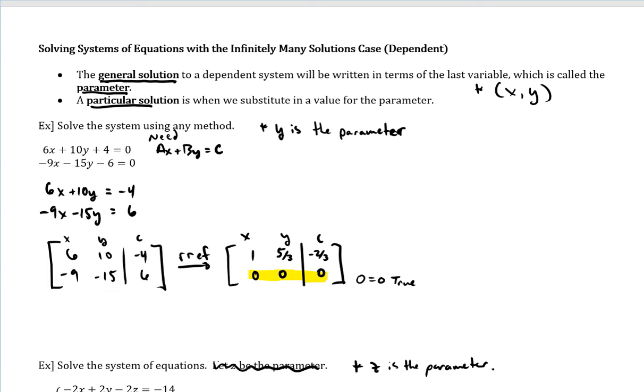So when you have 0 equals 0, or if you do it by any other method, you maybe have 2 equals 2 or 4 equals 4, something that's true but with no letter involved, then that means we've got the infinitely many solutions case.